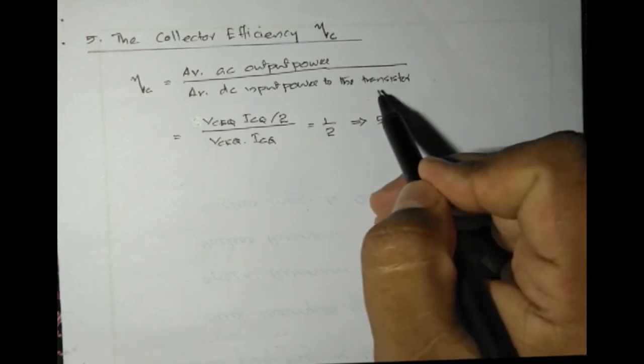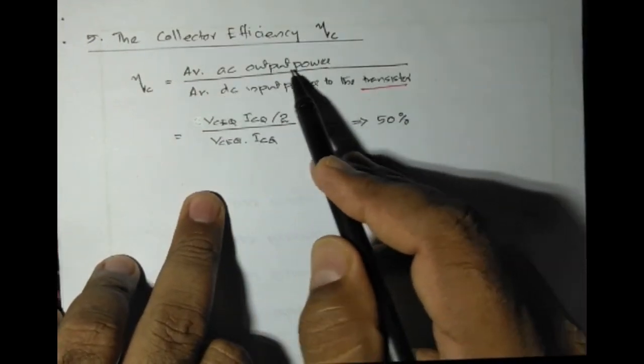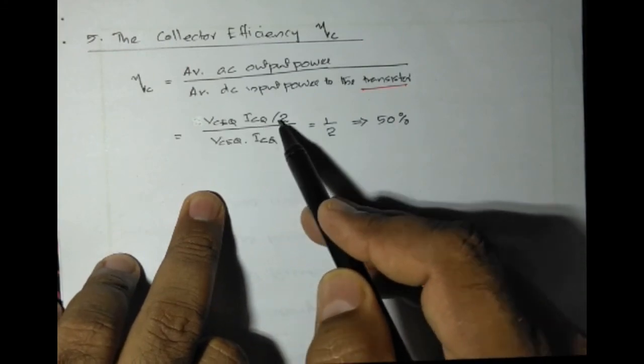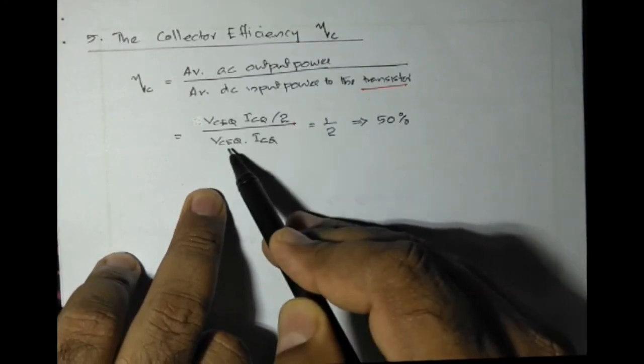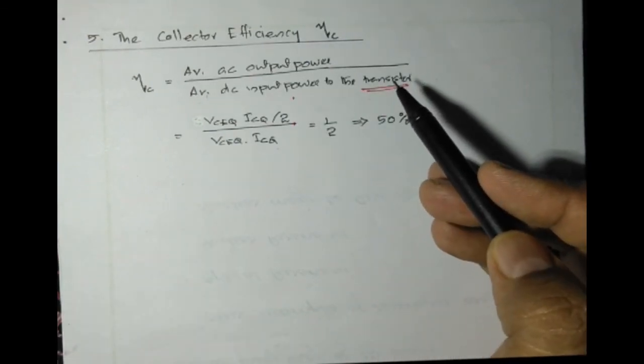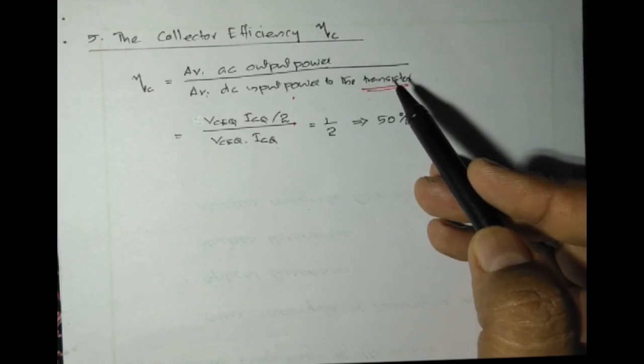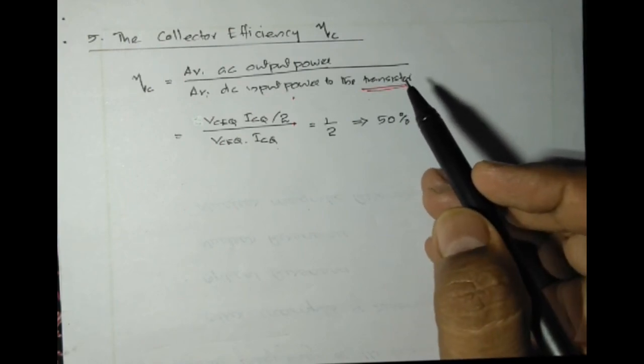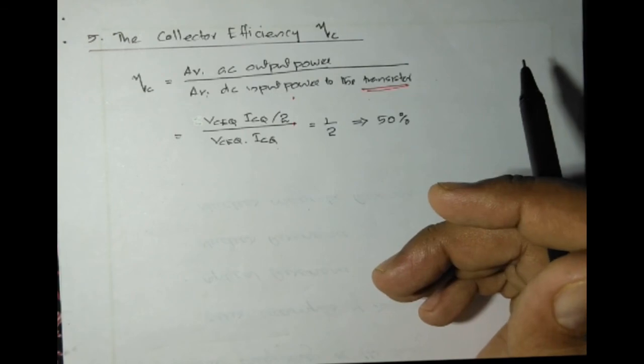Finally, we need to calculate another efficiency, the collector efficiency. The collector efficiency is defined as the ratio of the average AC output power to the average DC input power to the transistor. We know the value of average AC output power, VCEQ into ICQ by 2. And average DC input power to the transistor is not the total power supplied by the power supply, but it is the power which is available to the transistor only.